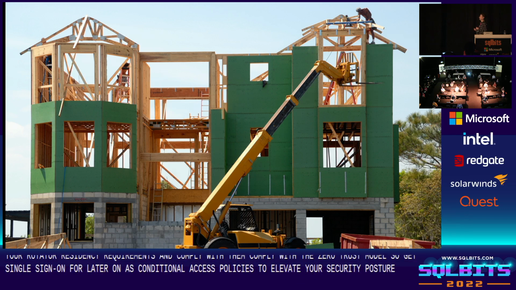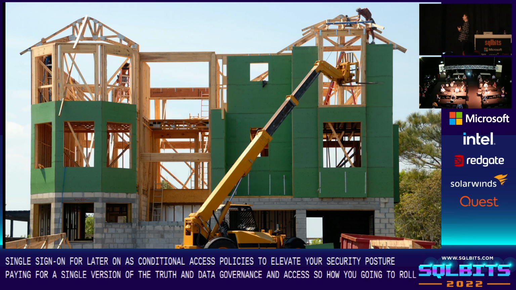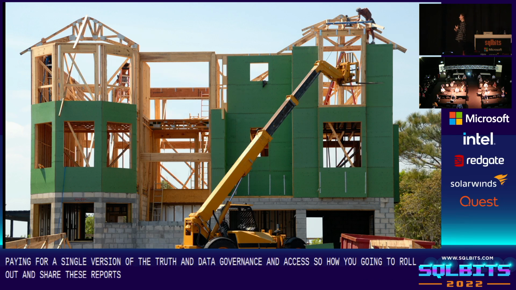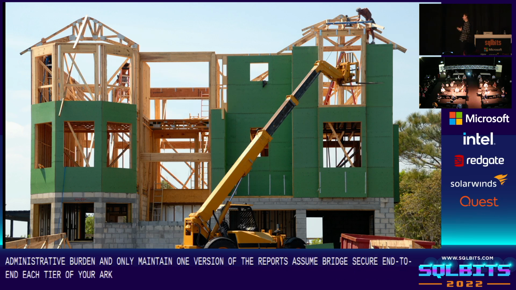Aim for a single version of the truth and data governance. Least privilege access, so how you're going to roll out and share these reports, Power BI apps. Implement row-level security to ease your administrative burden and only maintain one version of the reports. Assume breach, secure end-to-end each tier of your architecture.